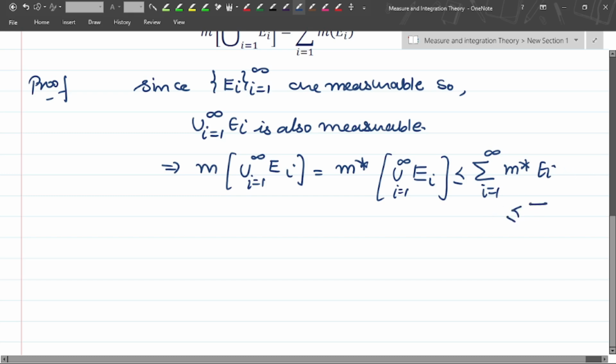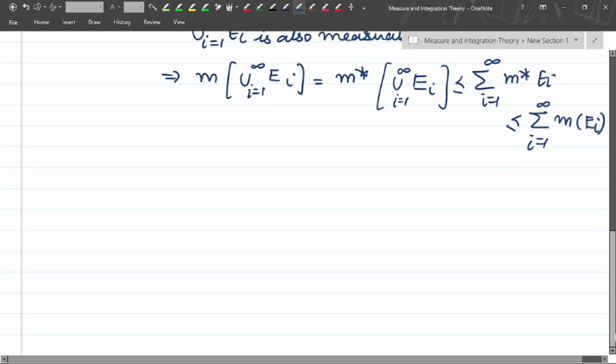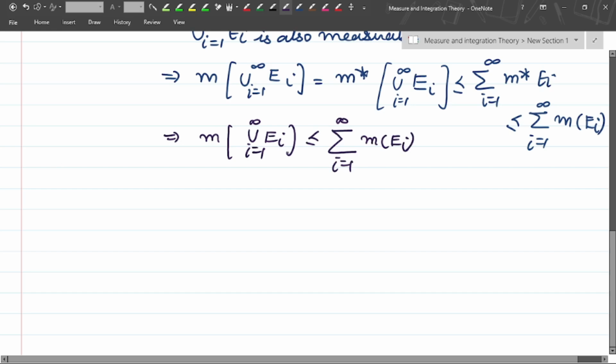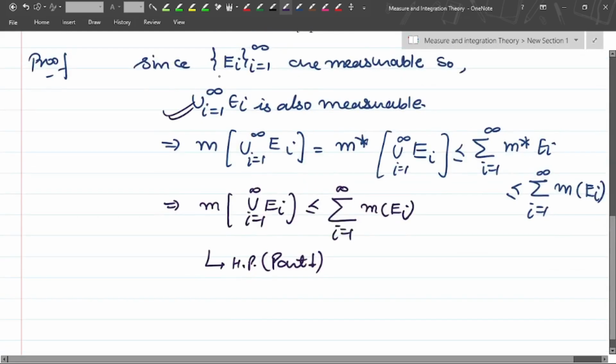Hence the measure of the union of Ei is less than or equal to the summation of m of Ei. This proves part 1, since the union of all measurable sets is measurable.